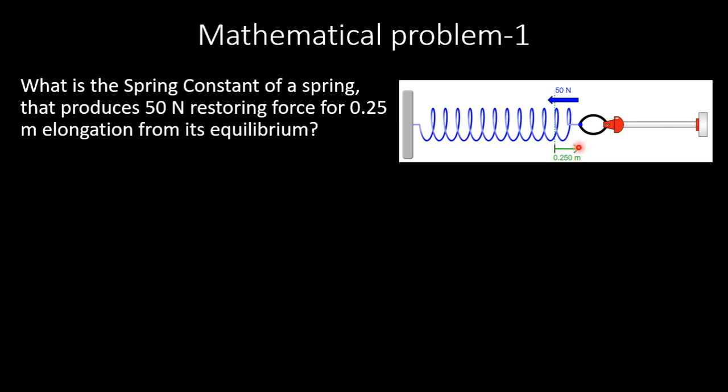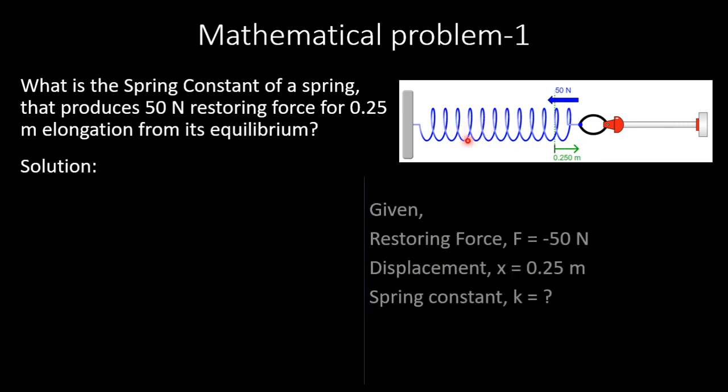So now we have to determine the spring constant of the spring. As a solution, we know the given information, that is, F equals minus 50 Newton, displacement is 0.25 meter, what is the spring constant K?